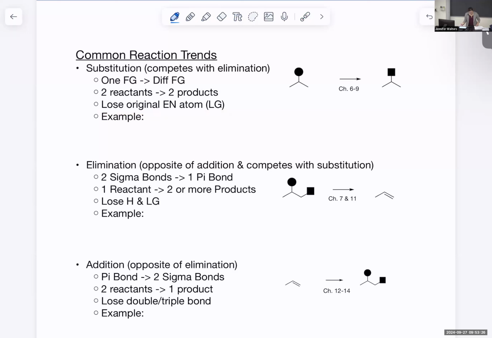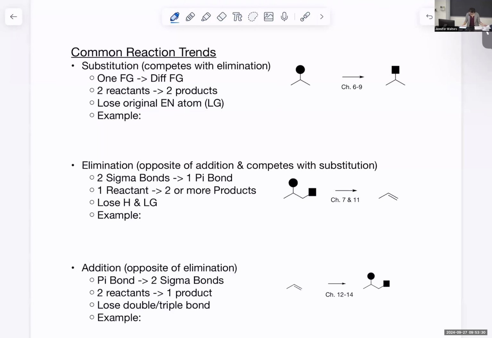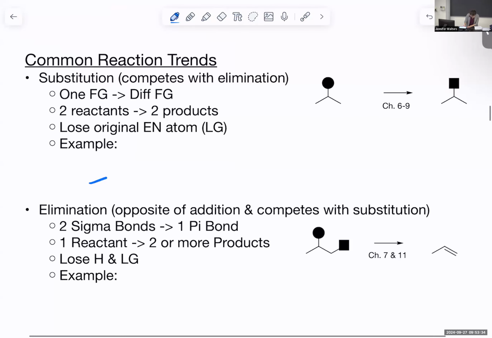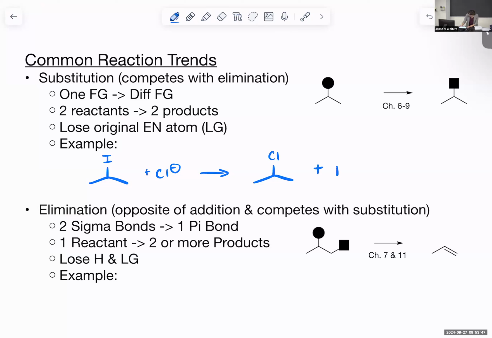An example of this is that reaction that we just did, where we went from having the iodine to having the chlorine attached. That is substitution. I go from one functional group to another functional group.